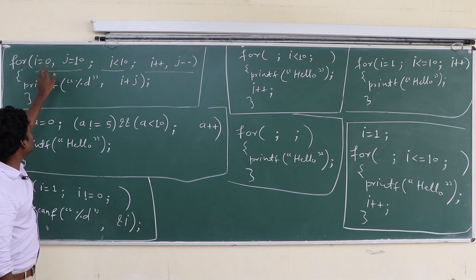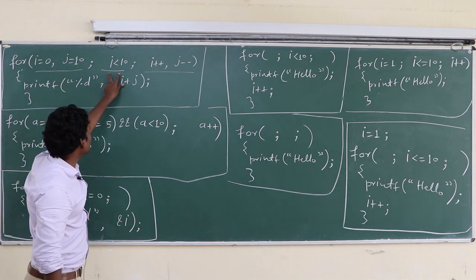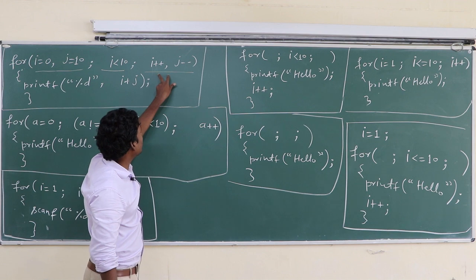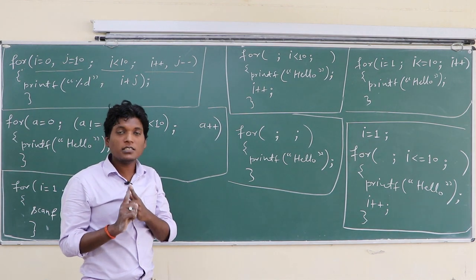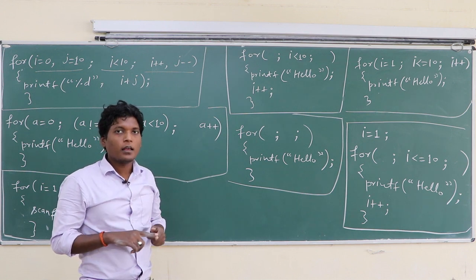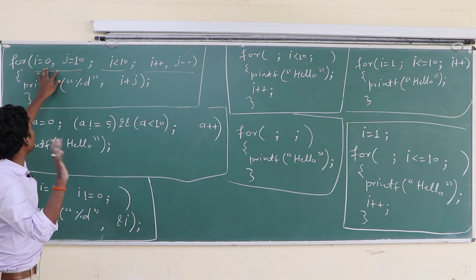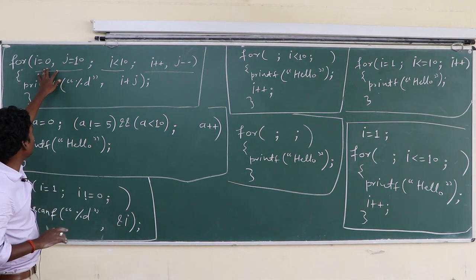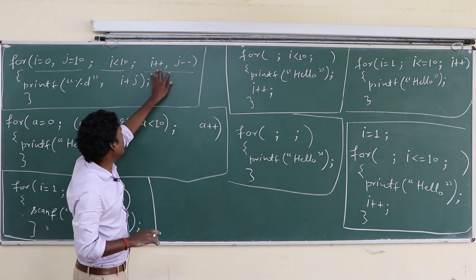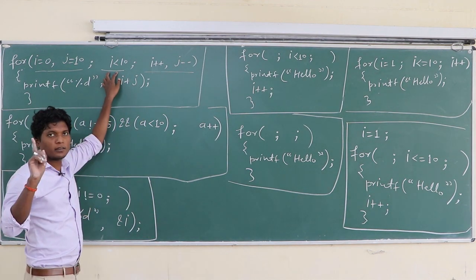This is the variable initialization section, this is the condition, and this is the increment and decrement. Any number of variable initializations is allowed, and any number of increments or decrements, but the condition must be one.